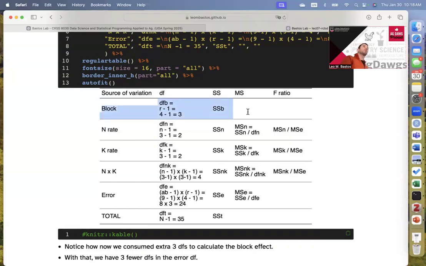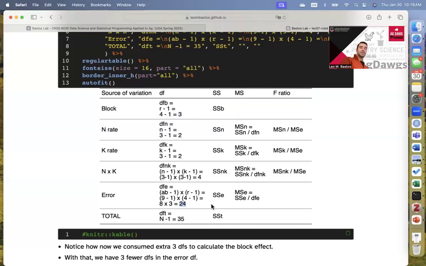Since you do not have blocks in a CRD, you just don't have this term on your ANOVA table for a CRD. Meaning that if you don't have this term, these 3 degrees of freedom that right now we're consuming for block would actually just end up back on your error.